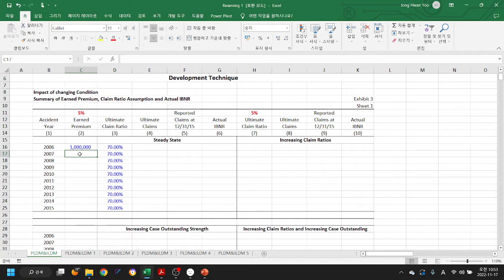For 10 calendar or accident years, let's assume that in the first year, the earned premium is 1 million US dollars, and this is going to increase by a fixed 5%.